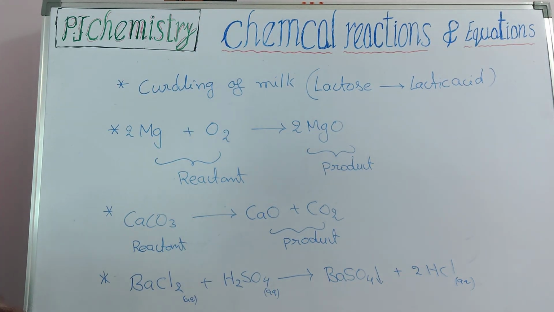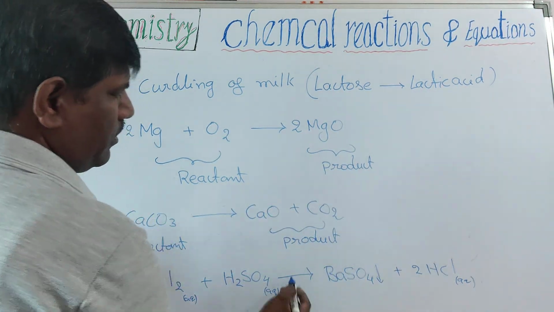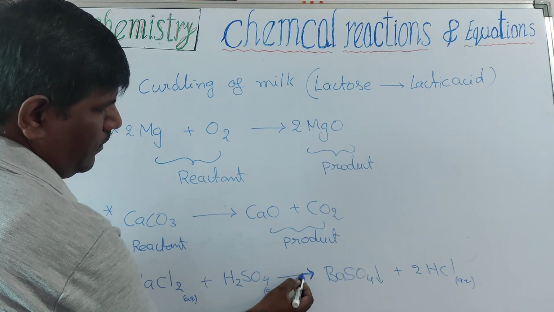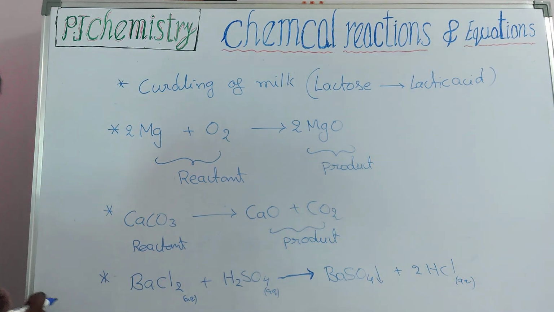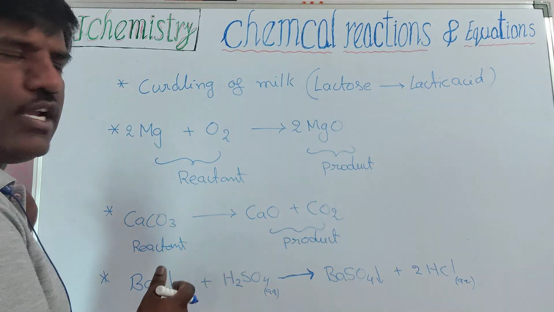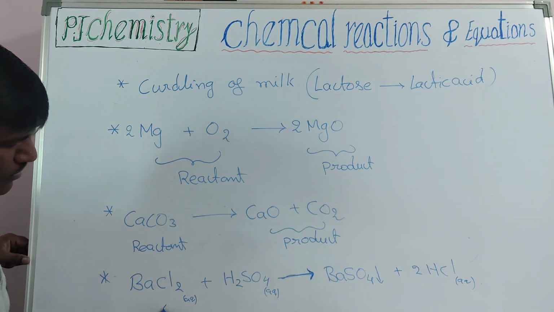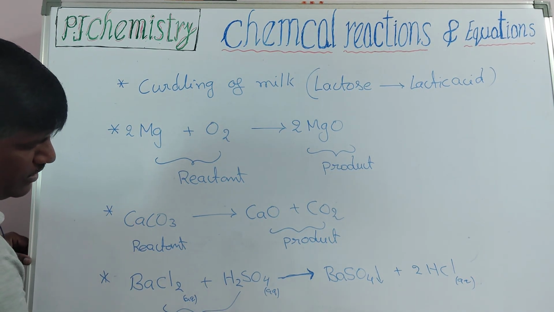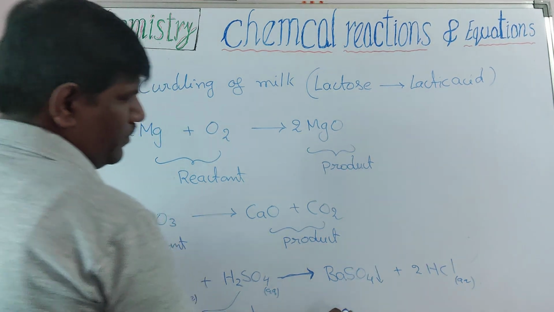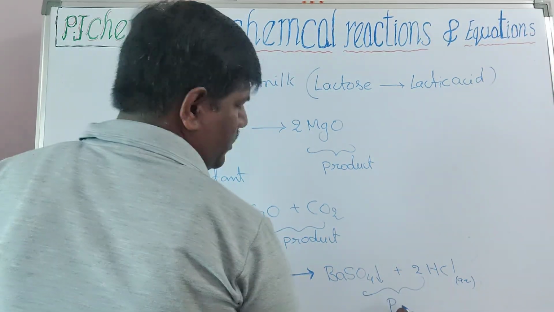Which is reactant and which is product here? Barium chloride and sulfuric acid on the left side are reactants, and on the right side the products. The arrow symbol head always shows the reactant, the tail always shows the product. Like that you remember, or left hand side reactant, right hand side product. So these two are reactants, and barium sulfate and hydrogen chloride are products.